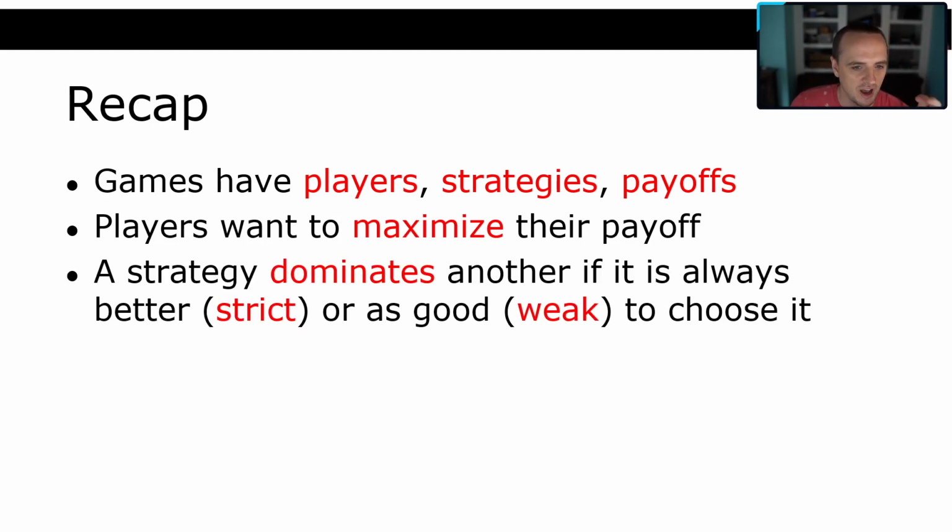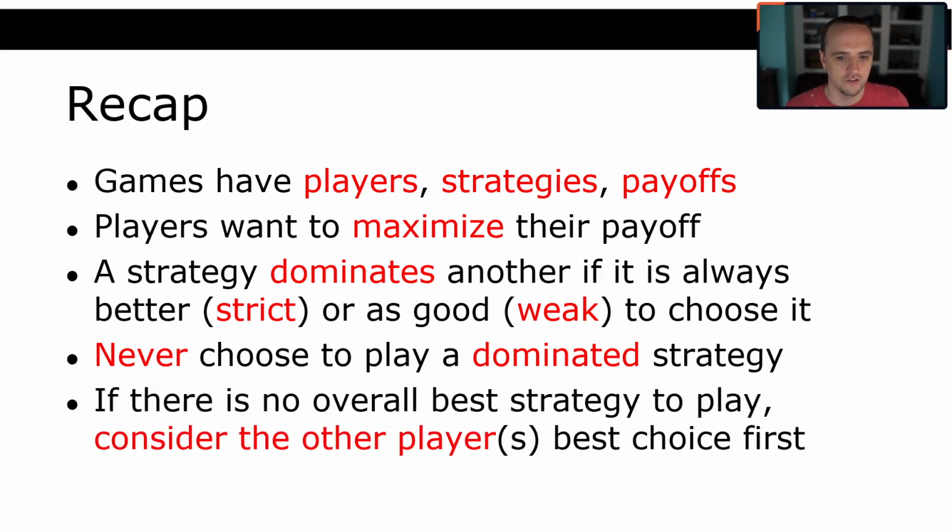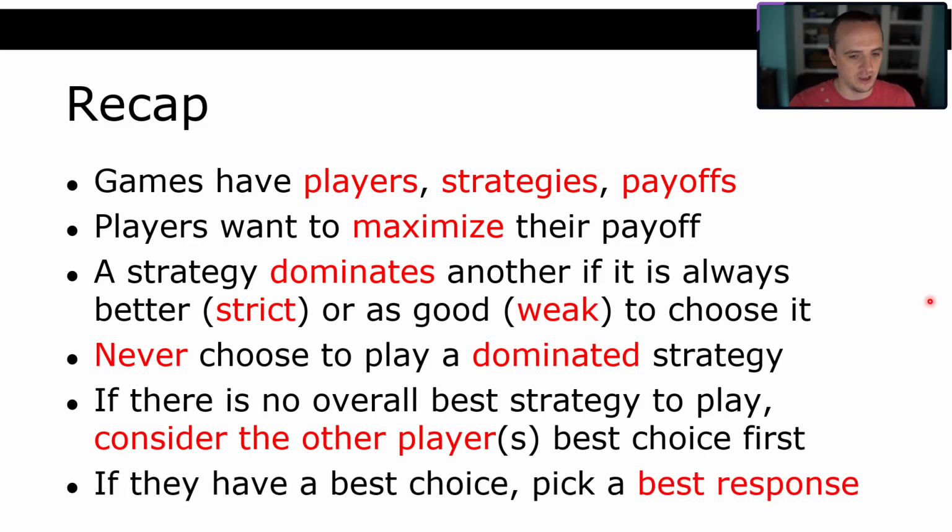A strategy dominates another one if it is always better, strictly dominating, or as good, weakly dominating, to choose it. You never play a dominated strategy. And if there is no overall dominating strategy, so you don't know which one to pick, consider the other player's best choice first. And if the other player does have a best choice, you pick your best response to it.